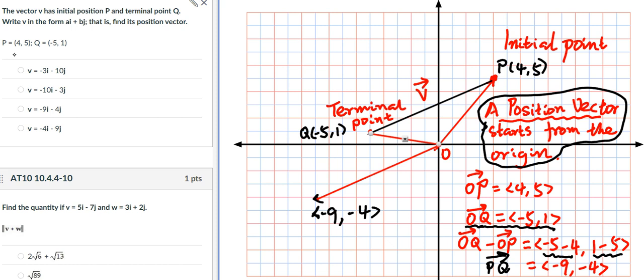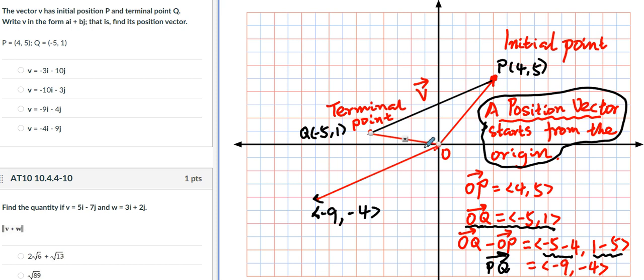First, we want to locate where (4, 5) is, because that's the starting initial point. 4, 5 initial point: 1, 2, 3, 4, and 1, 2, 3, 4, 5. So the initial point is here. Now, the terminal point is (-5, 1).